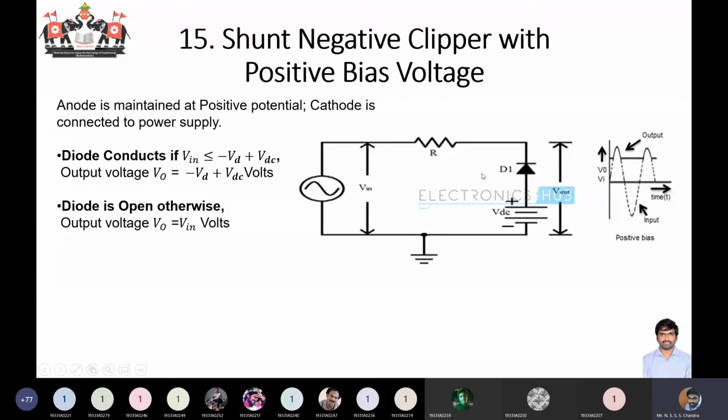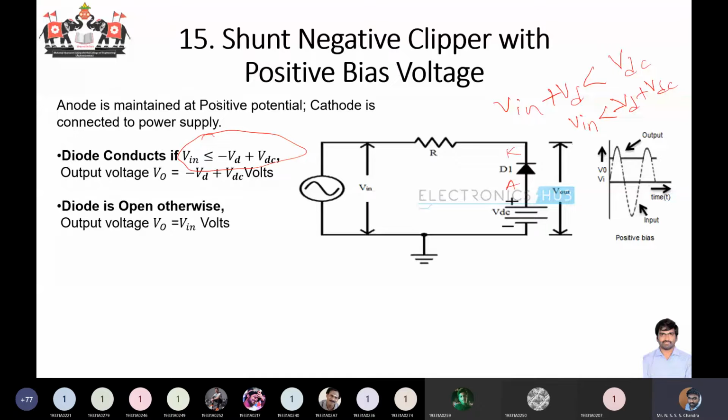So this condition will become V in plus VD, this one is the cathode side voltage, this is the anode side voltage. The cathode voltage should be less than the anode side voltage. So the anode side voltage we have VD. So it becomes V in less than minus VD plus VD. So that's how you are getting this condition.